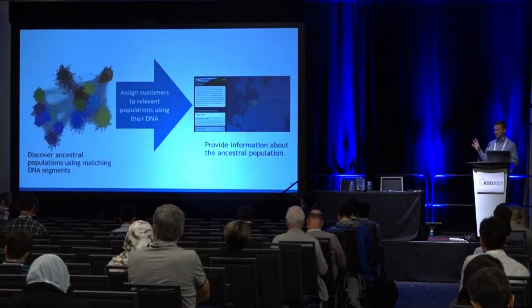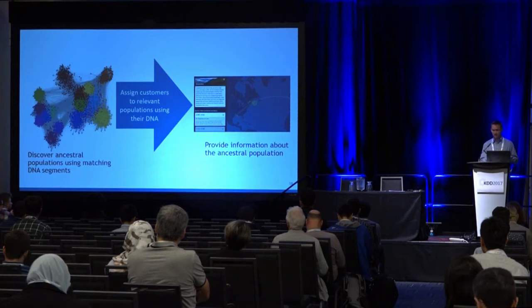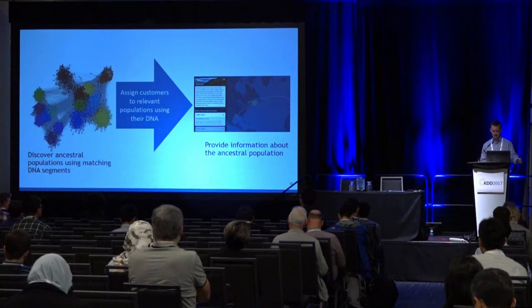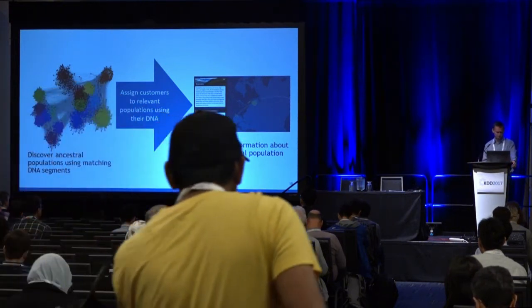So that's the research that we're going to build on, is we're able to build out this network and discover these patterns. And now, how can we build a scalable system that's this blue arrow here that's going to take thousands of new customers coming in every day and look at their DNA to decide which groups they have ancestry from?